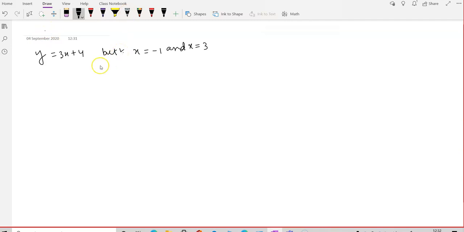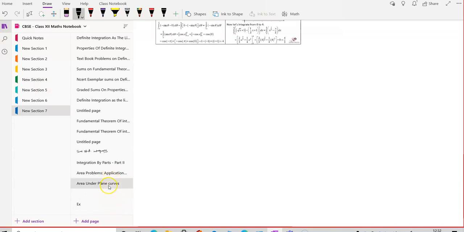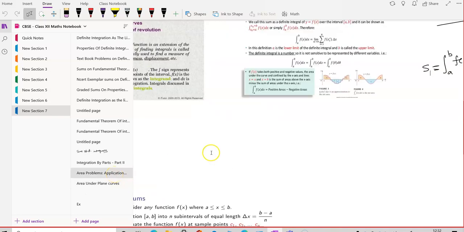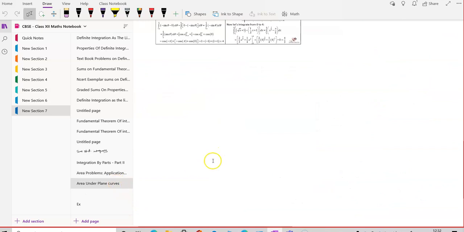Find the area bounded by curve y equal to 3x plus 4 between x equal to minus 3 and x equal to 4.